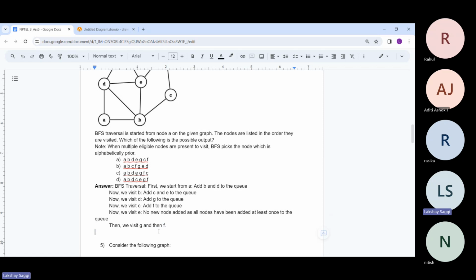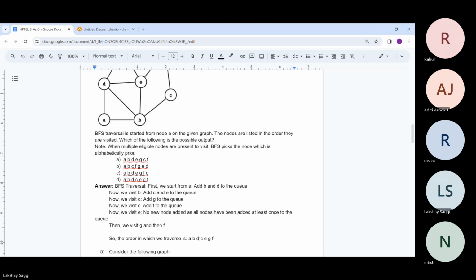So what's the order in which we visit? So we first visited A, then we visited B, then D, then C, then E, then G, then F. So the answer would be something like A, B, D, C, E, G, and then F. I hope this makes sense to everyone.